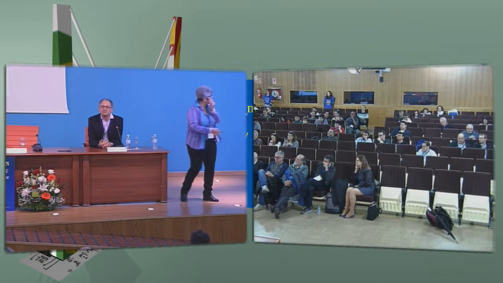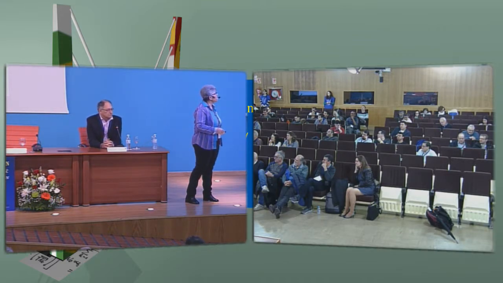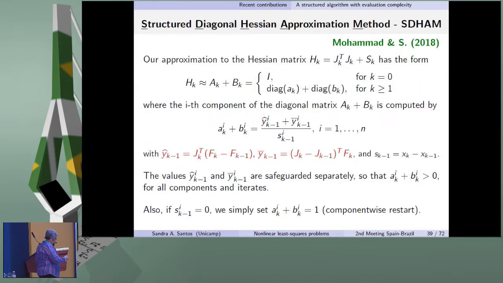Okay. Let me just go back there. Well, we made the distinction because as we have a sum here, it might be that one may be negative and the other positive, but the sum has to be positive. So that's why we control them separately, because we would like this term to take care of the second order derivatives.